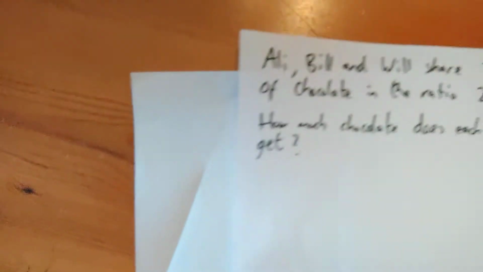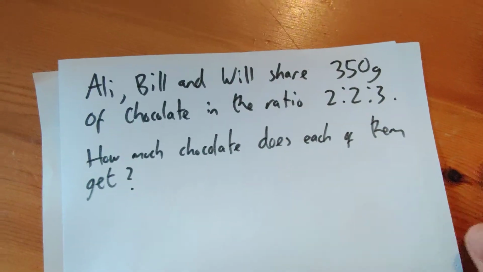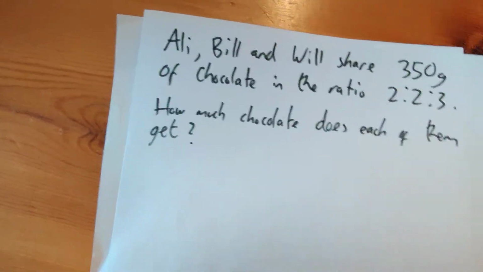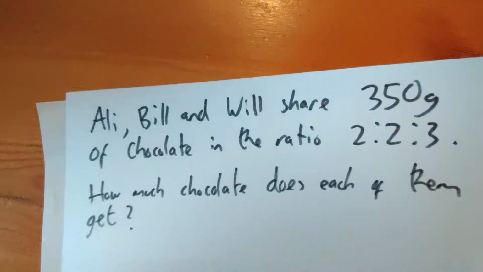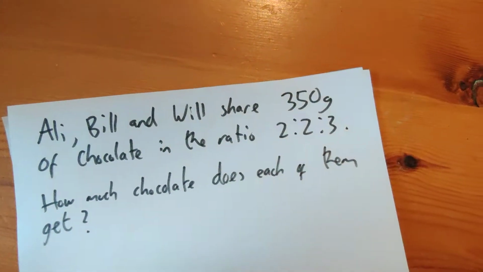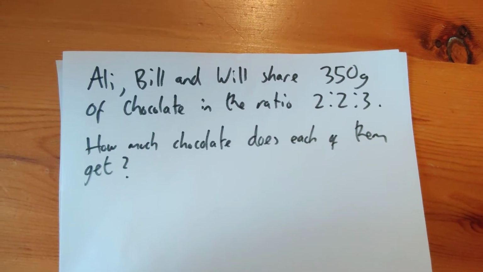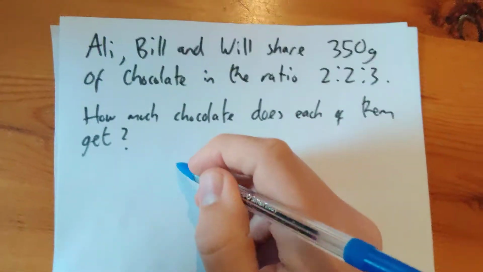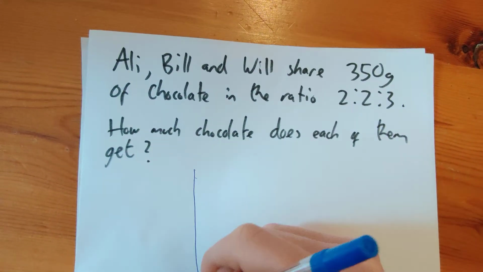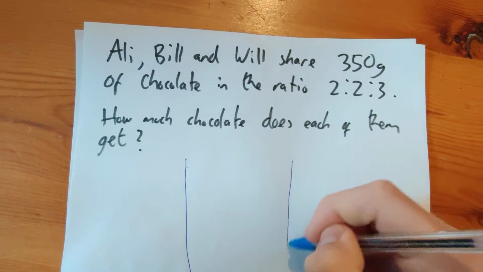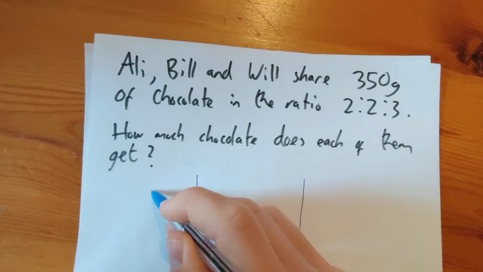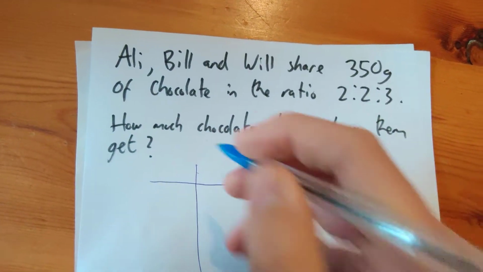Slightly different, not terribly different though. Ali, Bill and Will share 350 grams of chocolate in the ratio 2:2:3. How much chocolate does each of them get? Well, again, I'm going to draw a table, but obviously this time 2 columns isn't going to suffice. If I wasn't filming, maybe I'd use a ruler on my table to make it look a bit neater.